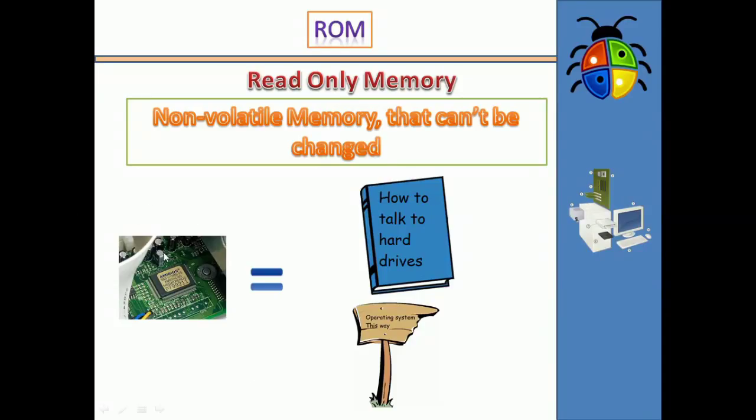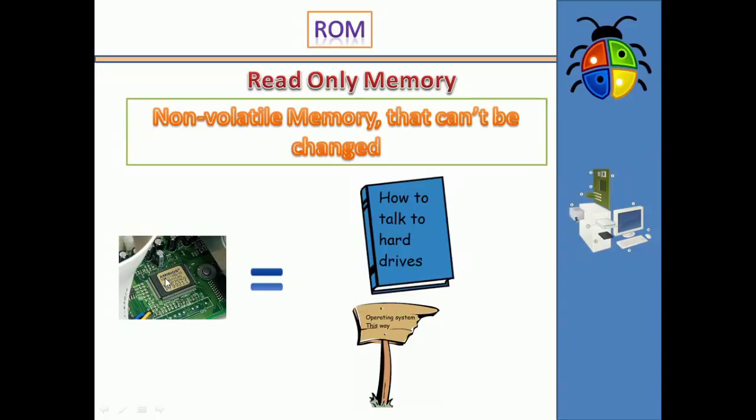But before it can do that, it has to give some basic input, output instructions on how to talk to certain peripherals or devices. In this case, on my computer, for example, the operating system is on the hard drive, so it has to know how to talk to a hard drive before it can start booting up the operating system.